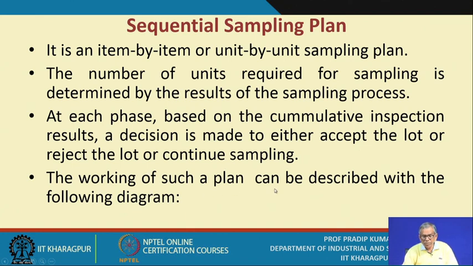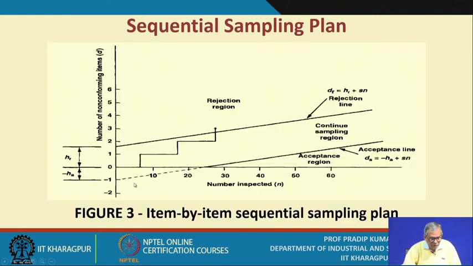The working of such a plan can be described with the following diagram. So this is the diagram you have. On the x-axis you get the number of items inspected, and on the y-axis you get the number of non-conforming items or units. Is it okay?